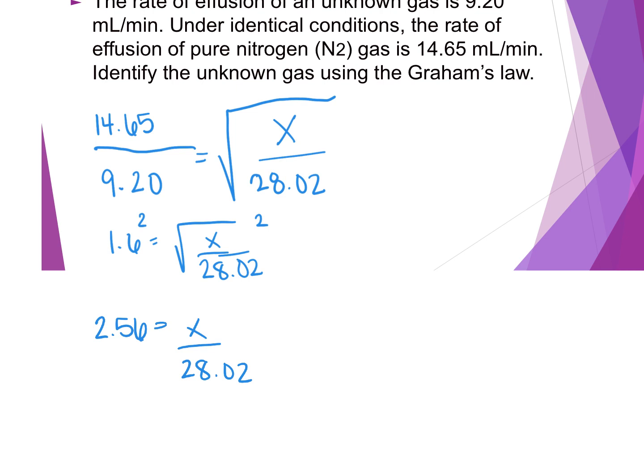All right, so now what's our next step? Multiply both sides by 28.02. So what's 2.56 times 28.02? 71.7.